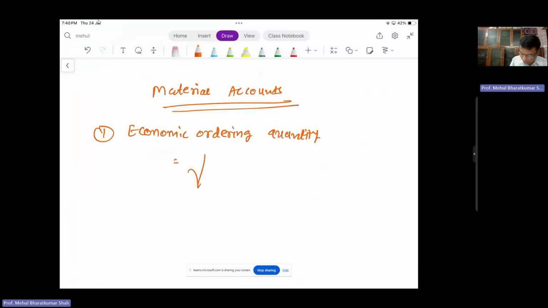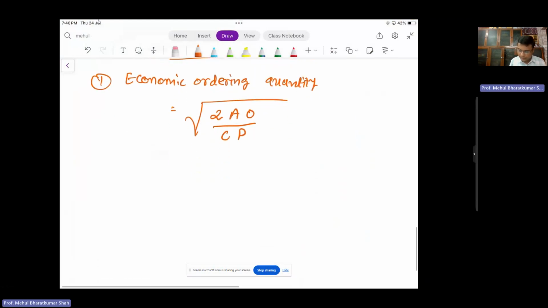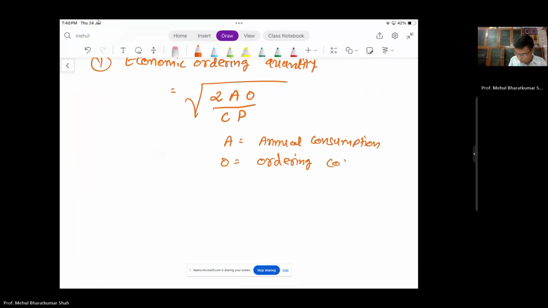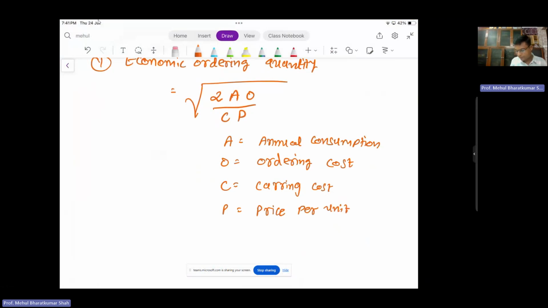The formula to identify economic ordering quantity is under root 2AO divided by CP, where A stands for annual consumption, O stands for ordering cost, C stands for carrying cost, and P is equal to price per unit.